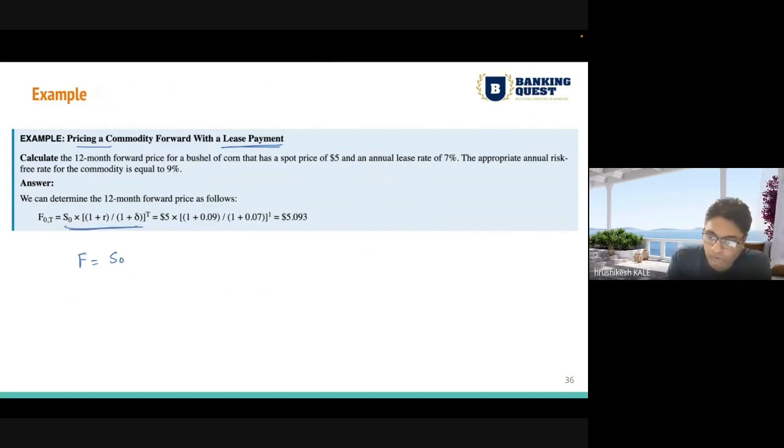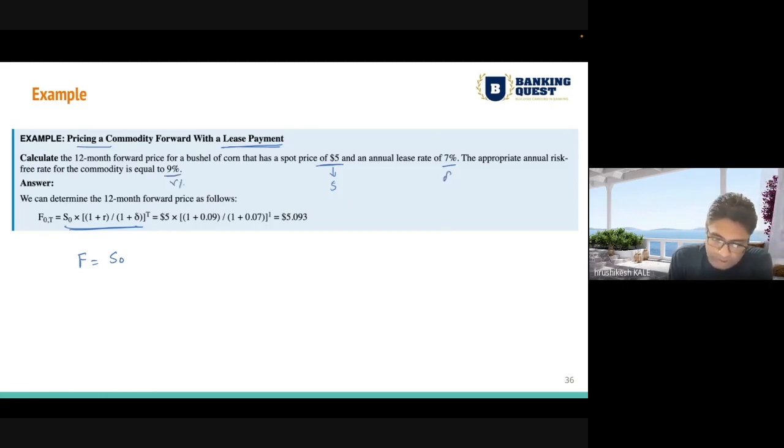A 12-month forward price of a bushel of corn has a spot price of $5. So spot rate is given, S is given. Annual lease rate is 7%. And the appropriate annual risk rate of the commodity is 9%.